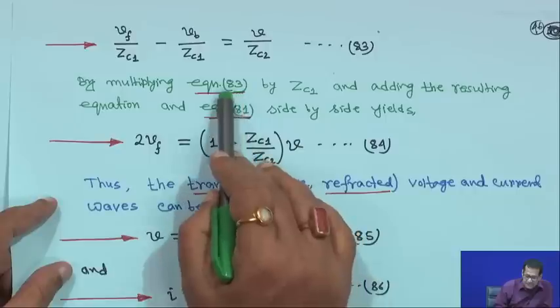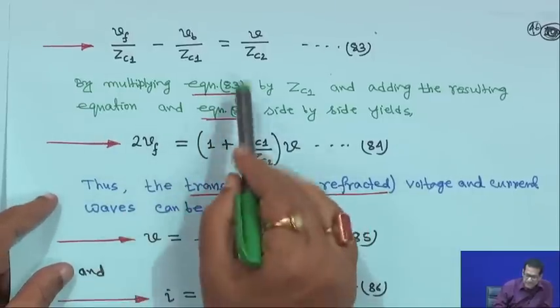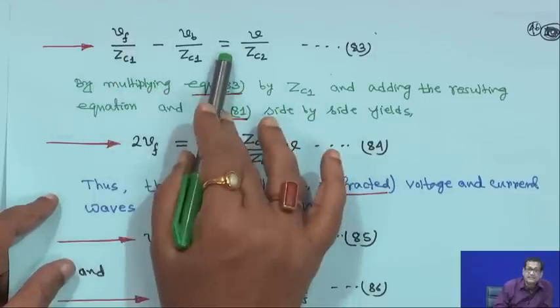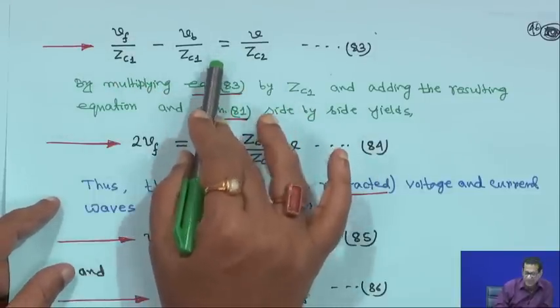So, this is equation 83. Multiply both sides by Zc1. I think you can do it, I have done it for you.